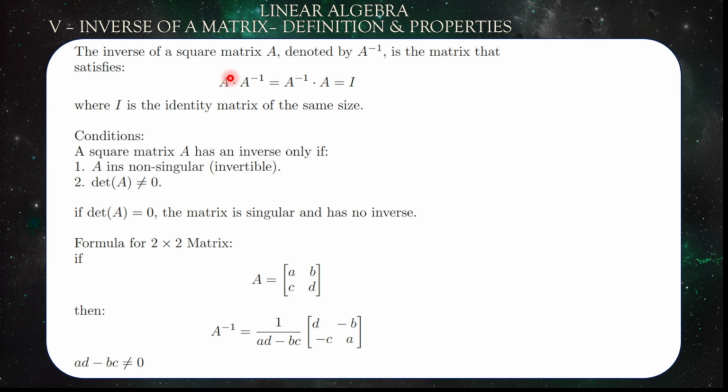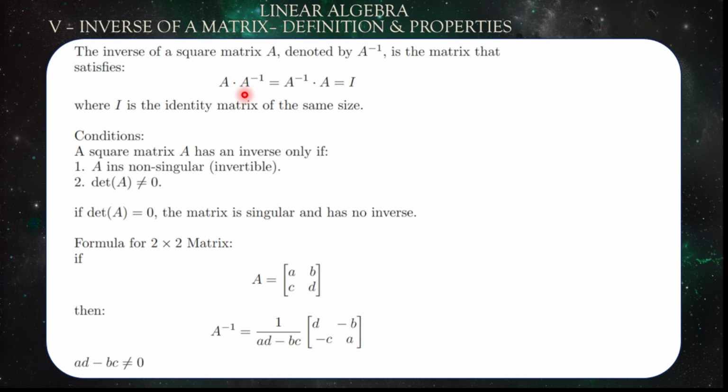The inverse of a square matrix A, denoted by A^-1, is the matrix that satisfies the following condition: A multiplied by A^-1, the multiplication of a matrix with its inverse, should be equal to the multiplication of the inverse with the matrix itself, so you can flip the order, and it should always give us I, the identity matrix, having the same number of rows and columns as the original matrix.